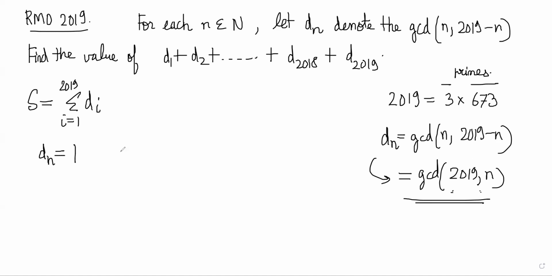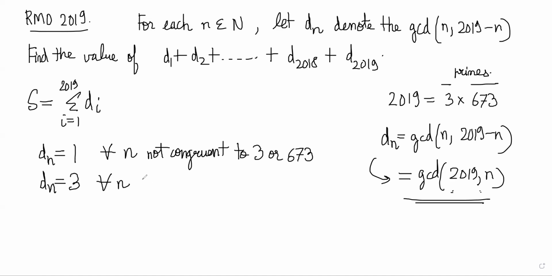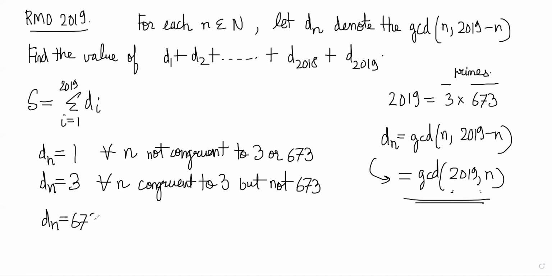Dn will be 1 for all n not congruent to 3 or 673, and Dn will be 3 for all n that are congruent to 3 but not 673, and Dn will be equal to 673 for all n congruent to 673.